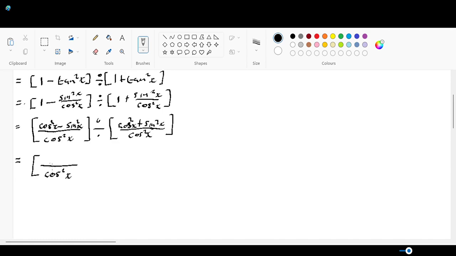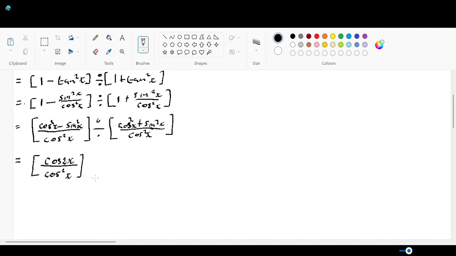This is for cos 2x. Again, if you don't understand where this double identity is coming from, there is a video. I'm going to post it on the icon, whereby I show you how to derive this identity. So cos squared x minus sine squared x is going to give you cos 2x.